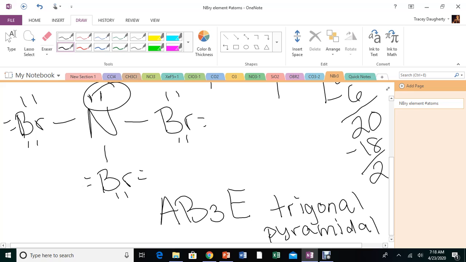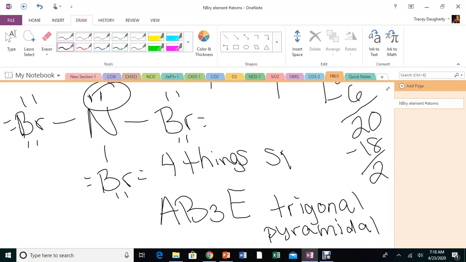We have the 3 Brs, which is 3 things, plus the lone pair, which makes 4 things, which is going to be sp3.